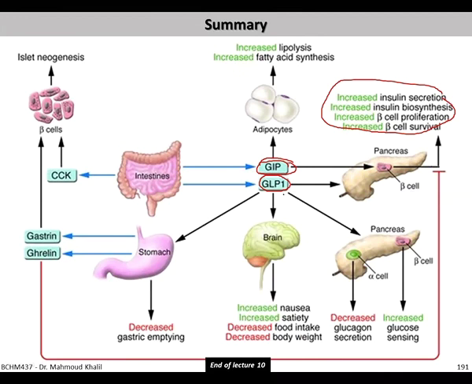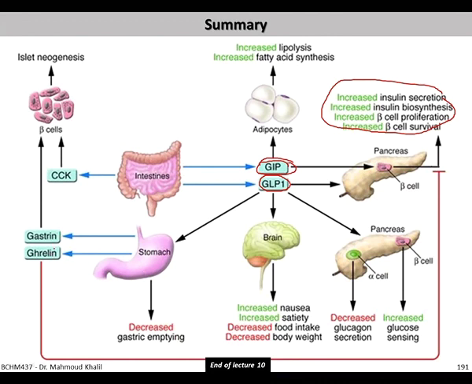The GLP-1 as well will affect the stomach and its emptying, so the food will stay more in the stomach. The stomach, as we said, secretes two hormones that aid in glucose homeostasis, which are gastrin and ghrelin.